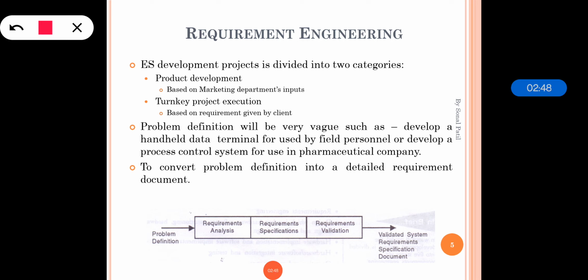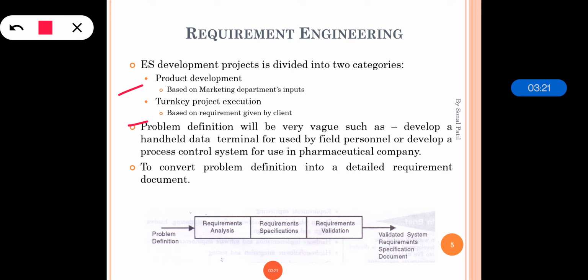Embedded system development projects can be divided into two categories: product development, which is based on the marketing department's inputs, and turnkey project execution, which is based on requirements given by the client. In case of product development, you may have to develop a new product, so we have to study the features of existing competing products. We have to do the market survey, and then we can have the requirements.